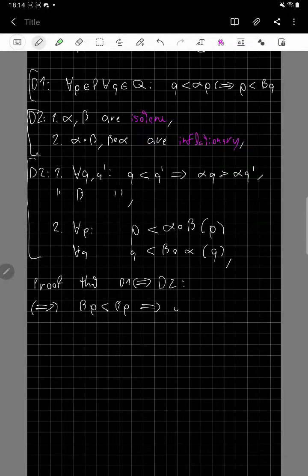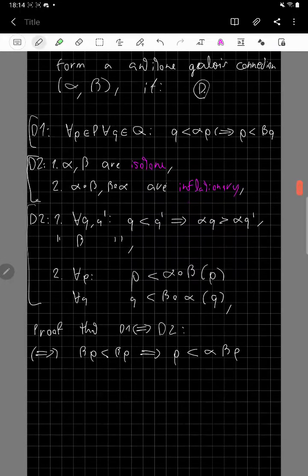Therefore p is smaller than alpha beta of p, by an application of the Galois relation. Is this correct, or did I mess up?